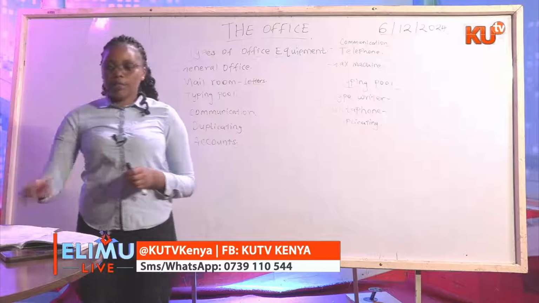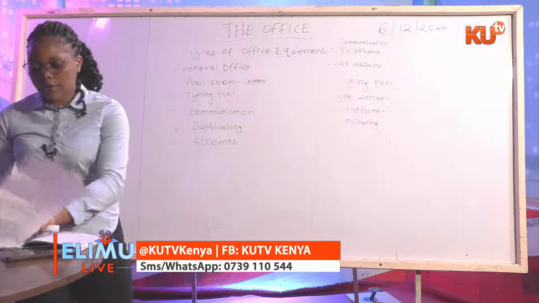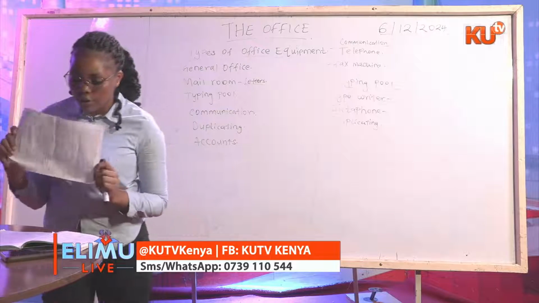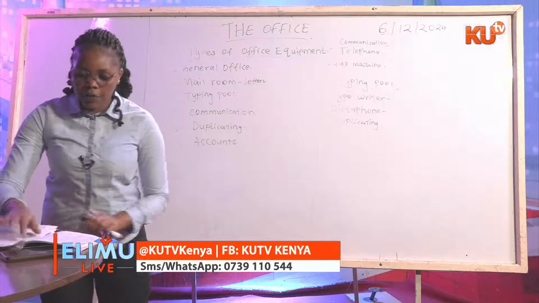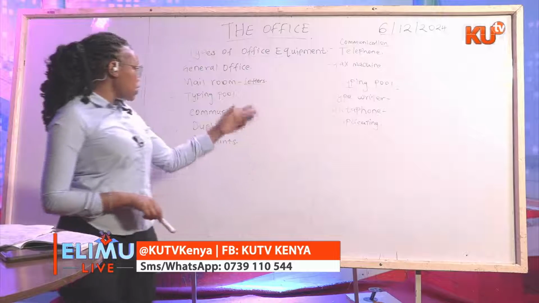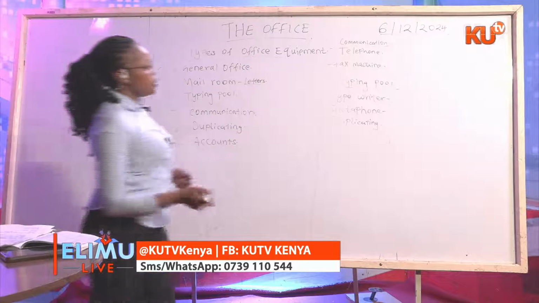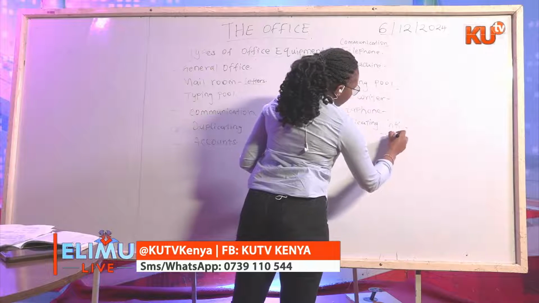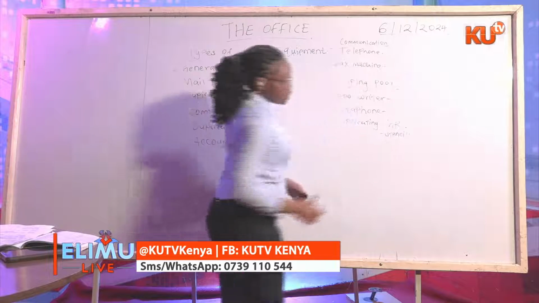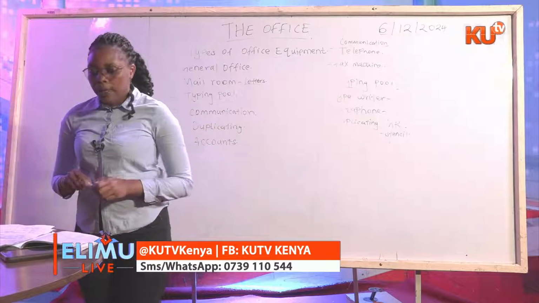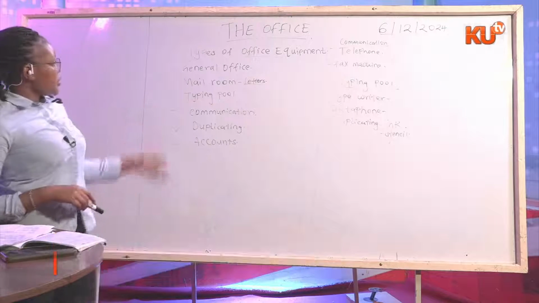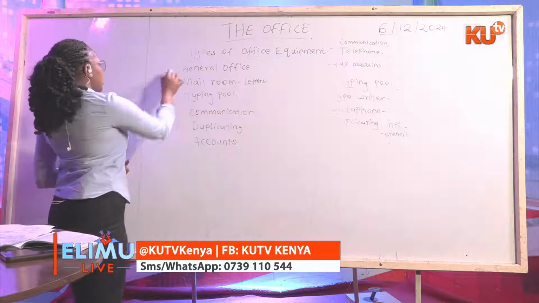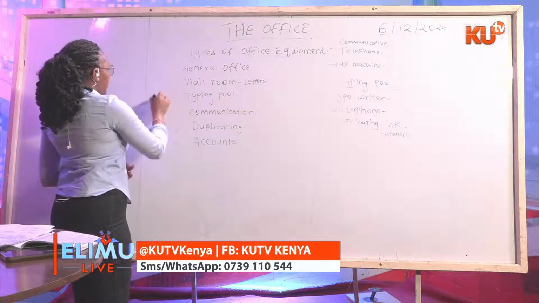A master copy is generally the original copy. So you make copies of such a document by use of various office equipment. We can use a duplicating machine, whereby we have an ink duplicator and we have the one that uses a stencil.